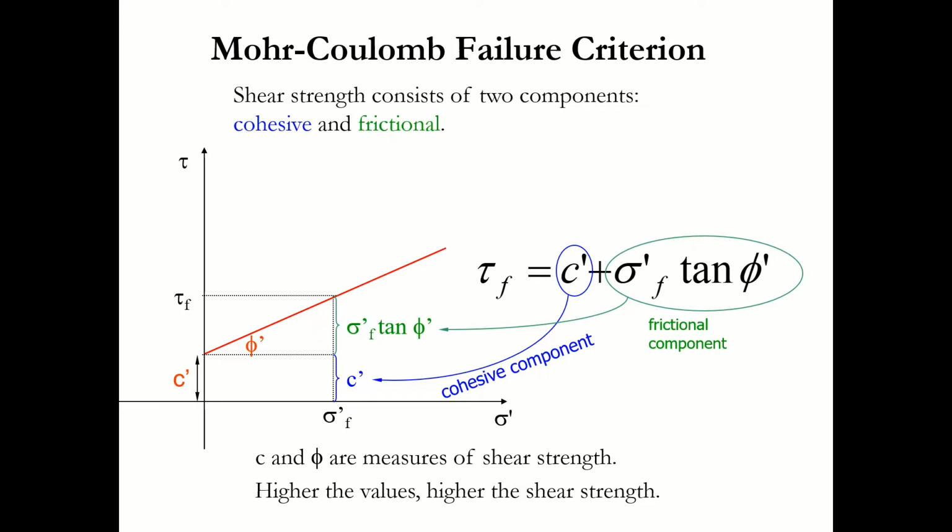From the Mohr-Coulomb failure line, we can determine the cohesion and angle of internal friction of that soil. The higher the values of the shear strength parameters, the higher the shear strength. In other words, if we know the shear strength parameters of a soil sample, we can draw the Mohr-Coulomb failure line.